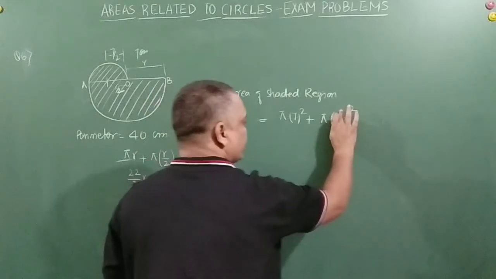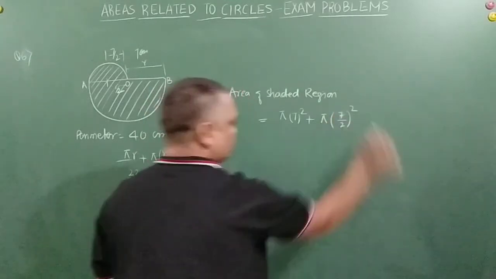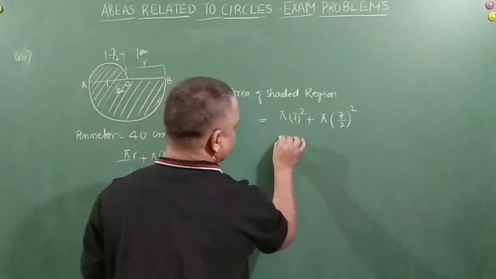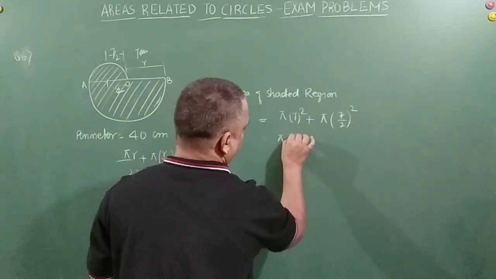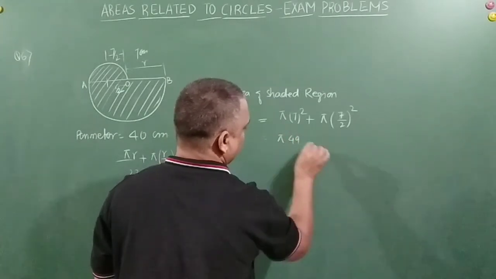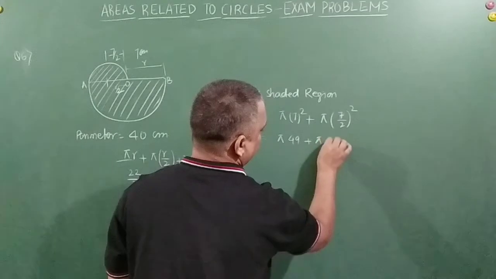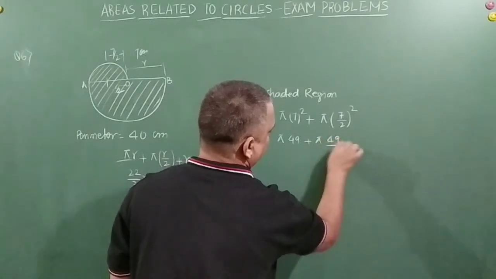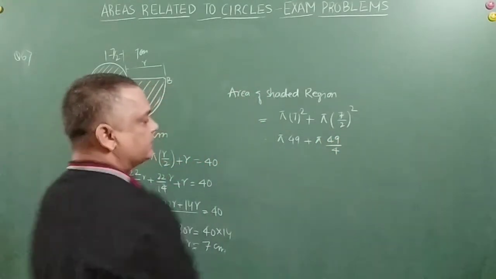That is 7 by 2 whole square. So this is nothing but pi into 49 plus pi into 49 by 4, correct?